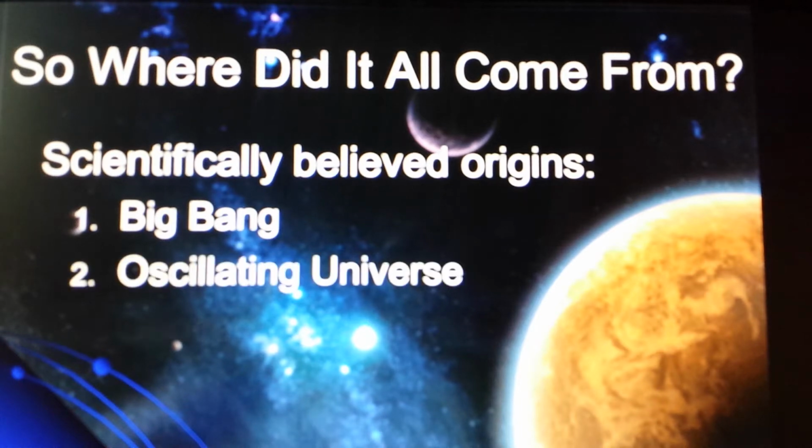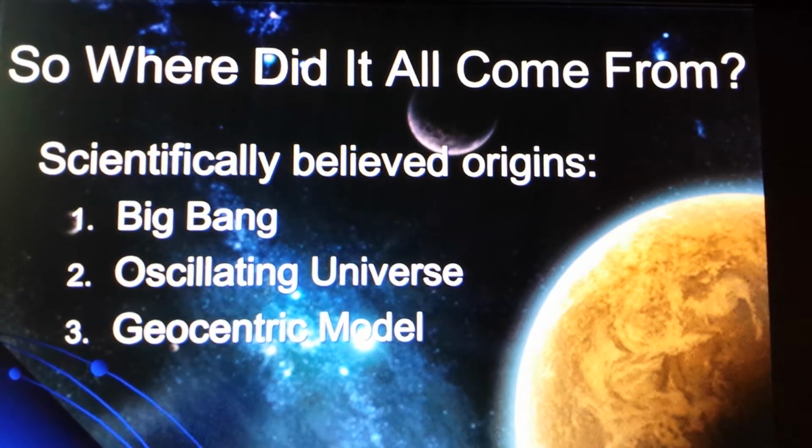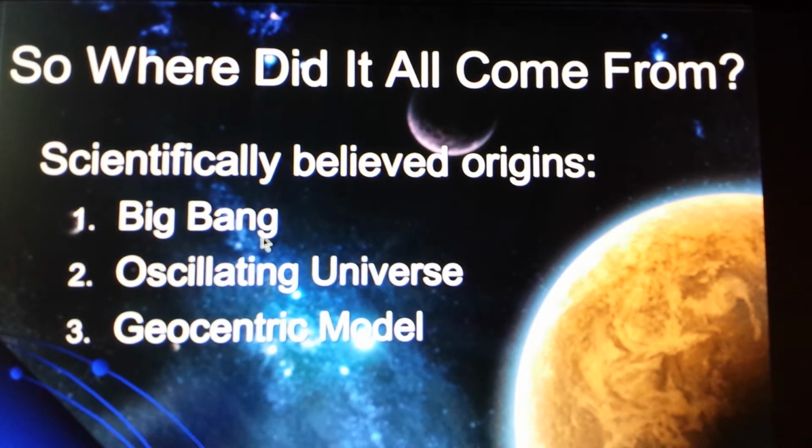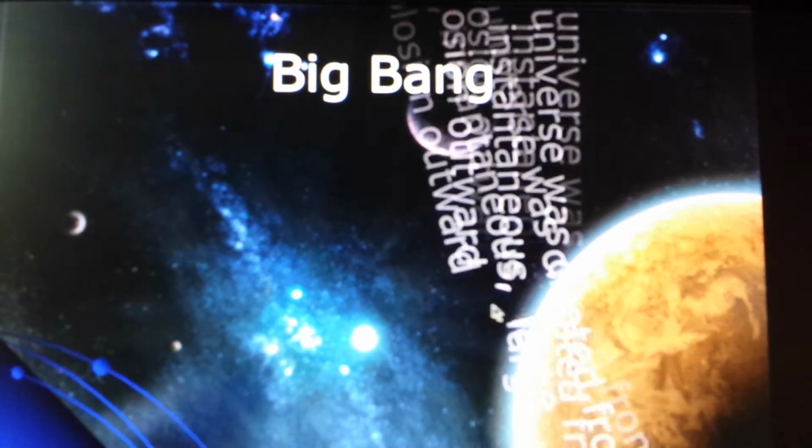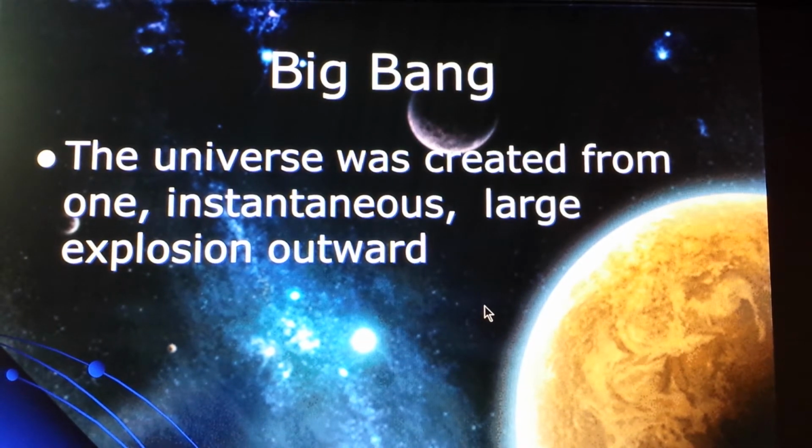So the big theories involving the origin of our universe would be the Big Bang theory, oscillating theory. Geocentric and heliocentric both describe the organization of our solar system. So the Big Bang is the universe was created from one instantaneous large explosion outward, and the idea that all the matter that was in our universe started in a single point and expanded out from that.